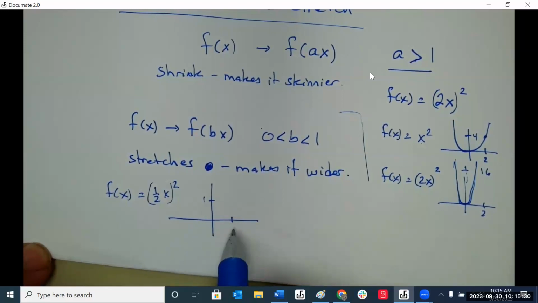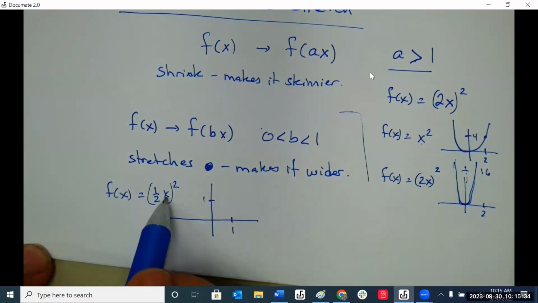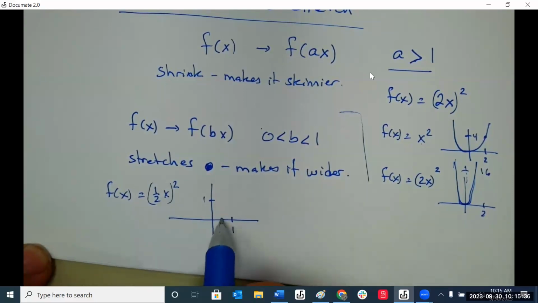Normally, when x is 1, y is 1. But when I plug in 1 in here, I now get 1/2. So it becomes 1/4.